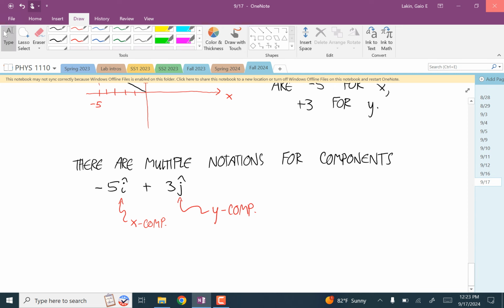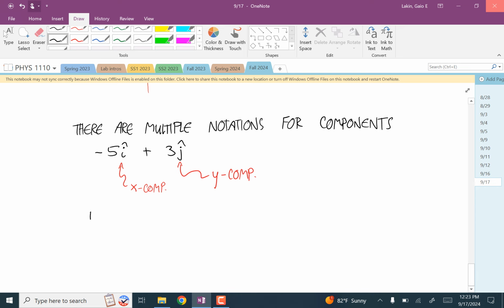I'm giving this to you because if you go on to other physics classes or you have to take standardized tests or whatever, you're going to want to know that this means the same thing as this different notation we're going to use. But we'll use the notation where it's a vertical column matrix, just a column of numbers.